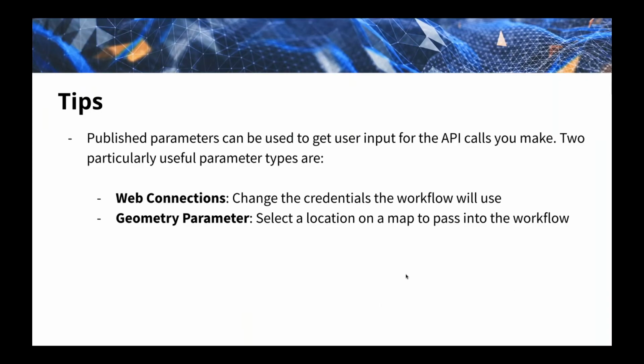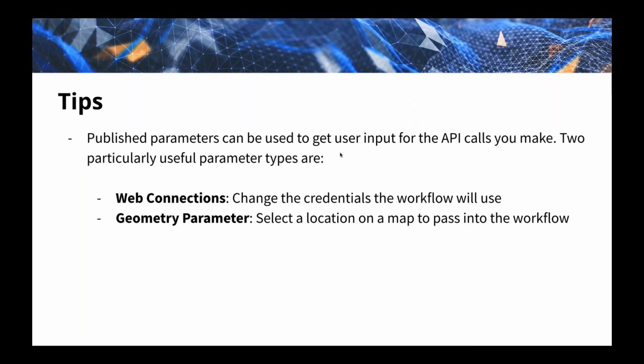Some tips for building these, particularly if you'd like to have user input, is to make good use of user parameters within your workspaces. Two that would be important, especially when you're working with APIs, are web connections, so you could allow users to select the credentials they'd like to run the workflow with.